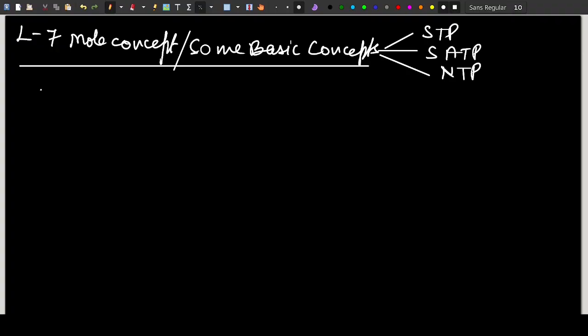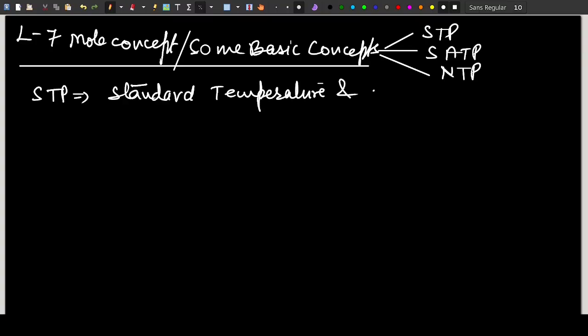Firstly, we are taking STP. STP means standard temperature and pressure. So what are the standard conditions of temperature and pressure?